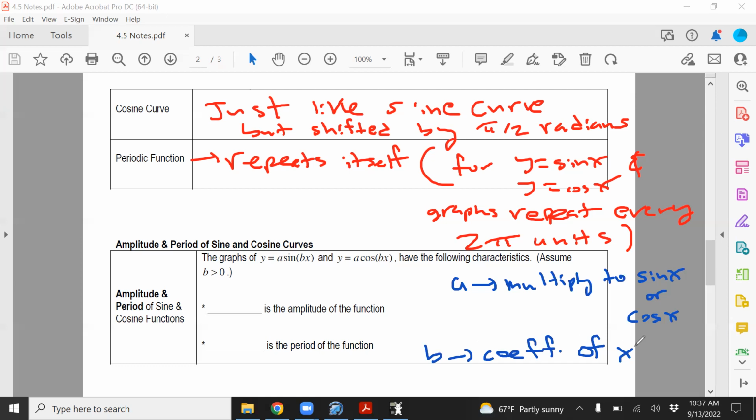So generally speaking, y equals a sine bx, y equals a cosine bx. We assume b is bigger than 0. If it's negative, we saw what happened, but we'll assume b is bigger than 0 for now. So the amplitude, just so you know, is a, just straight up. The period, not terribly obvious, but it's 2 pi over b. B is not the period, but B impacts the period. Keep that in mind.